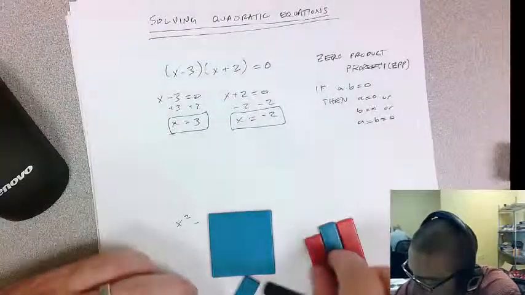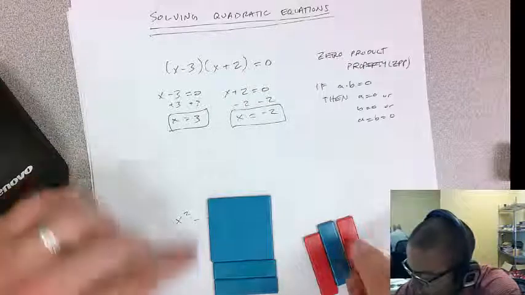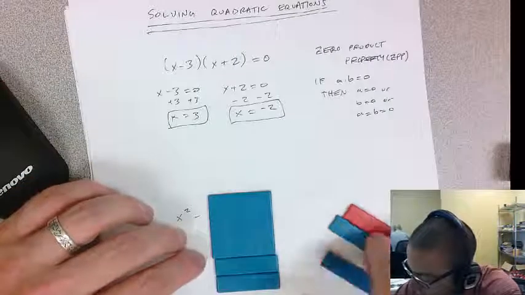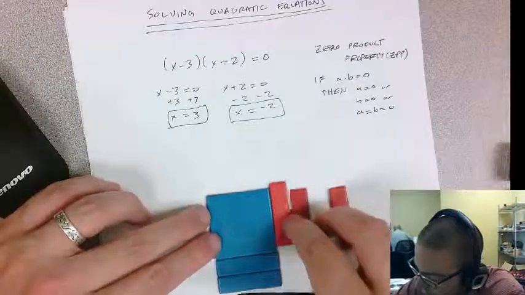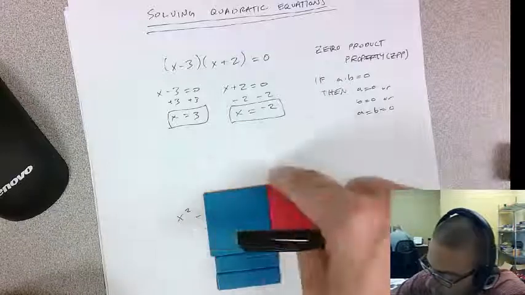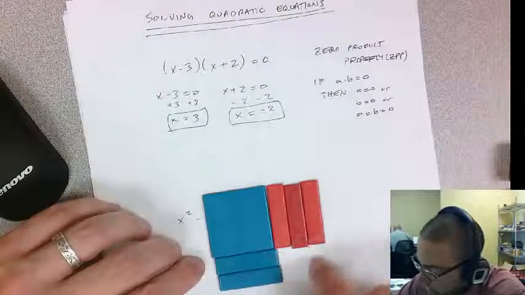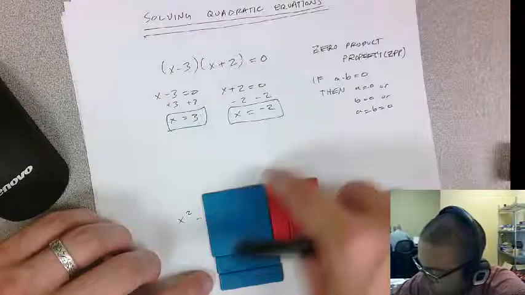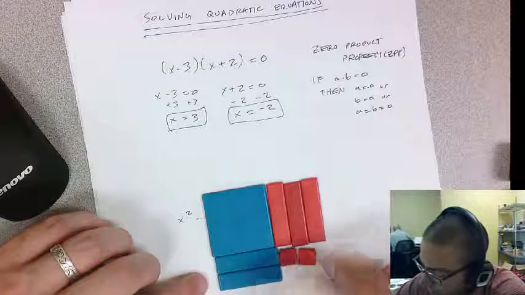So x times x plus 2 would be x squared plus 2x, and then negative 3. Let's see, it goes this way. Right, so on the top I have x minus 3, x plus 2, and then I'd have negative 3 times positive 2 would be negative 6, right?